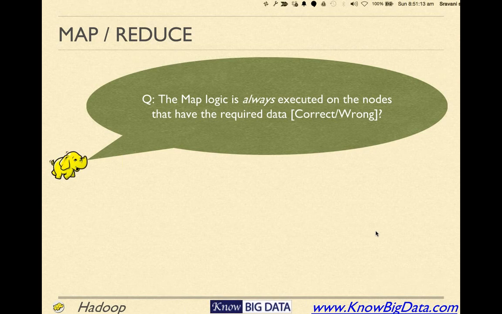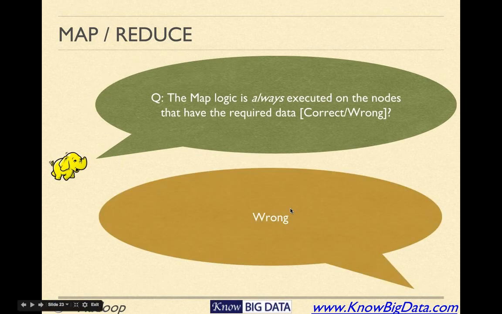Matthew says wrong. Leonid says wrong. Okay, so you got it right. All right, good. It's not always executed on the same node. Hadoop will try to execute your map function near the HDFS block as much as possible, but in case that is not possible, it will try to execute it very close by.